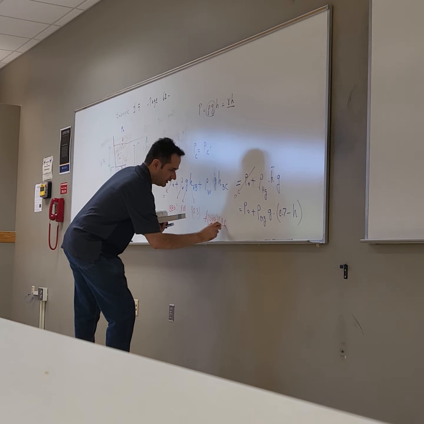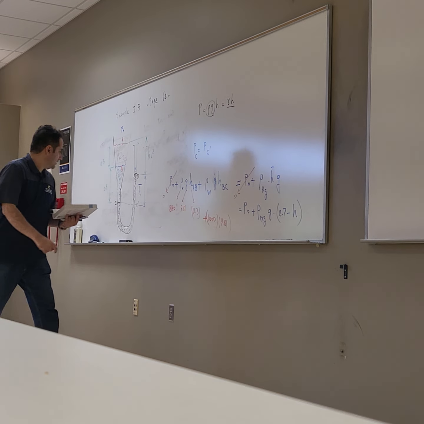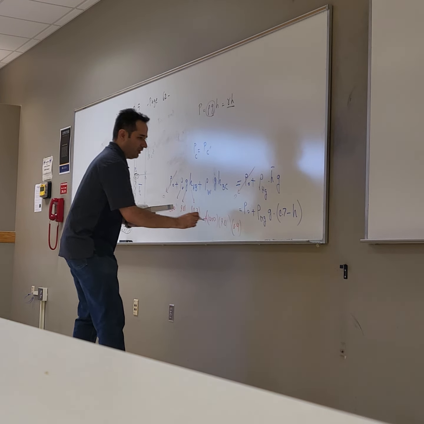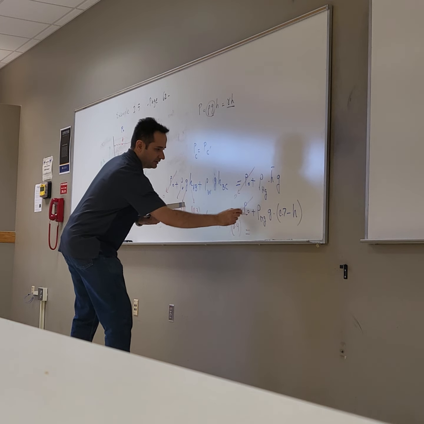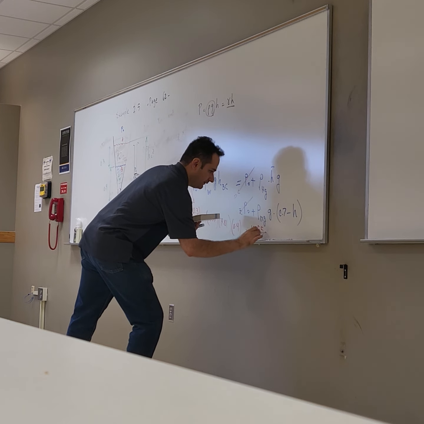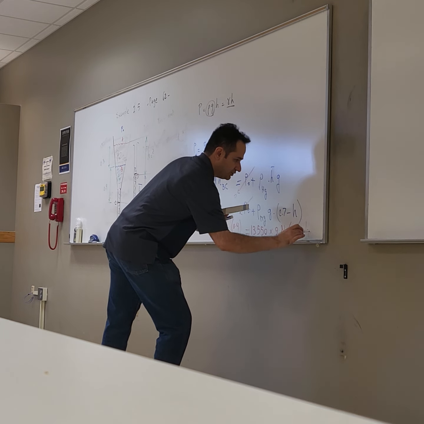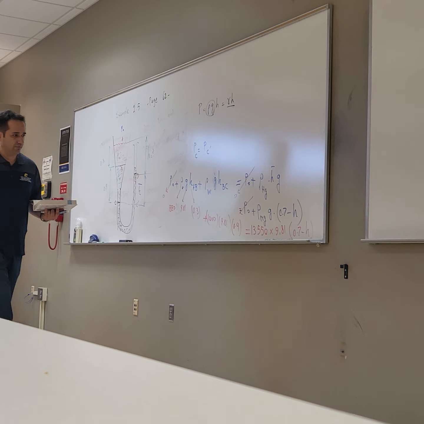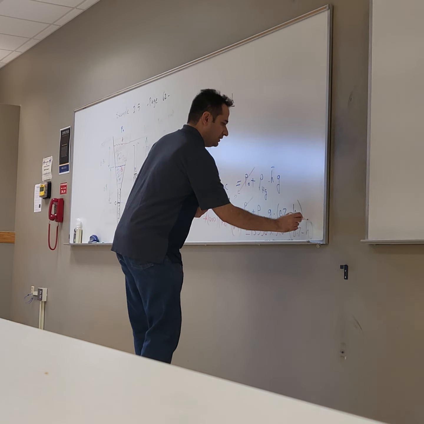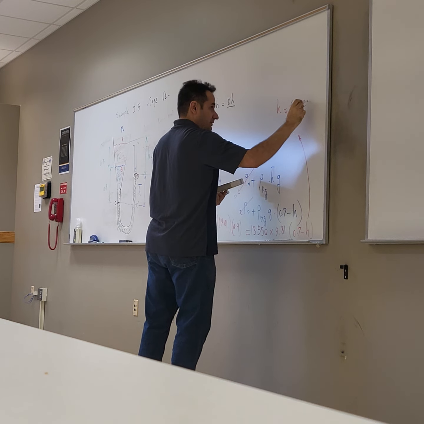Times 9.81 times h, which is 0.4, is equal to, well, this cancels out, then you get rho of mercury, which is 13,550, times 9.81, times (0.7 minus H). One equation, one unknown, a very simple equation. You solve for H, and you get H is equal to 65 centimeters.